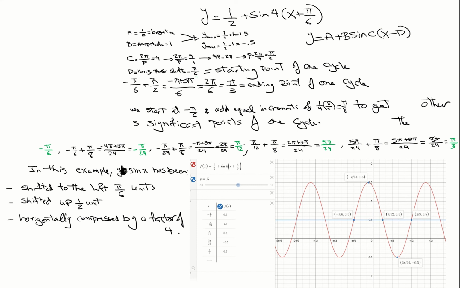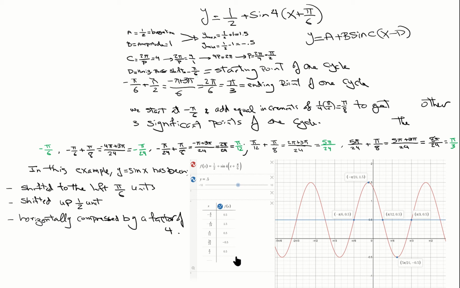So these are just the values we just found: negative pi over 6, negative pi over 24, pi over 12, 5 pi over 24, and pi over 3. Here's the baseline, y value 0.5, then the max 1.5, then back to the baseline 0.5, and then the min point negative 0.5, and then back to the baseline at 0.5.